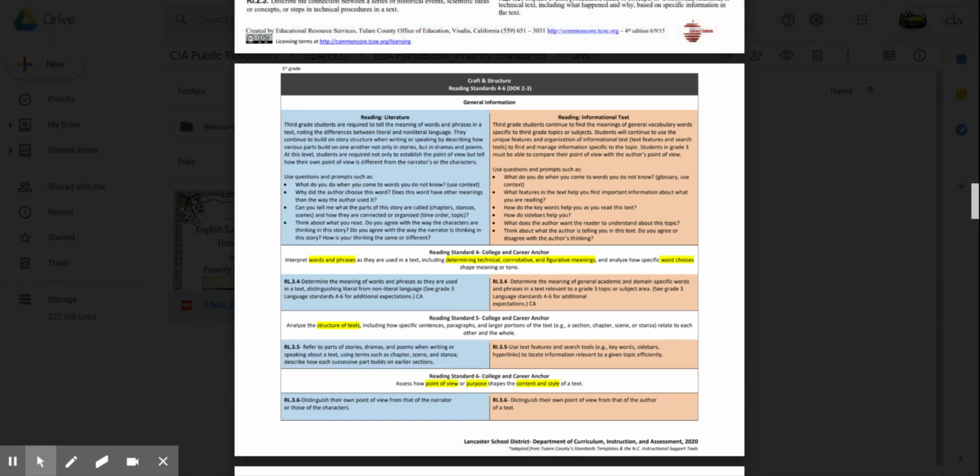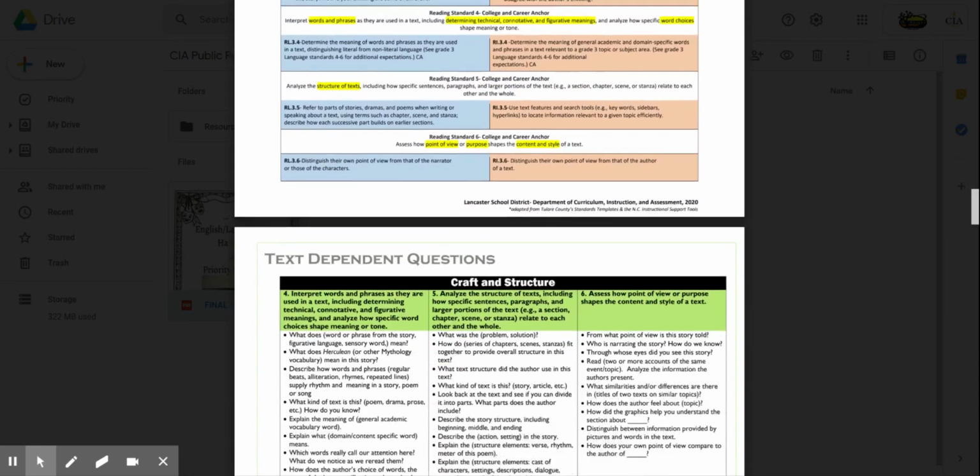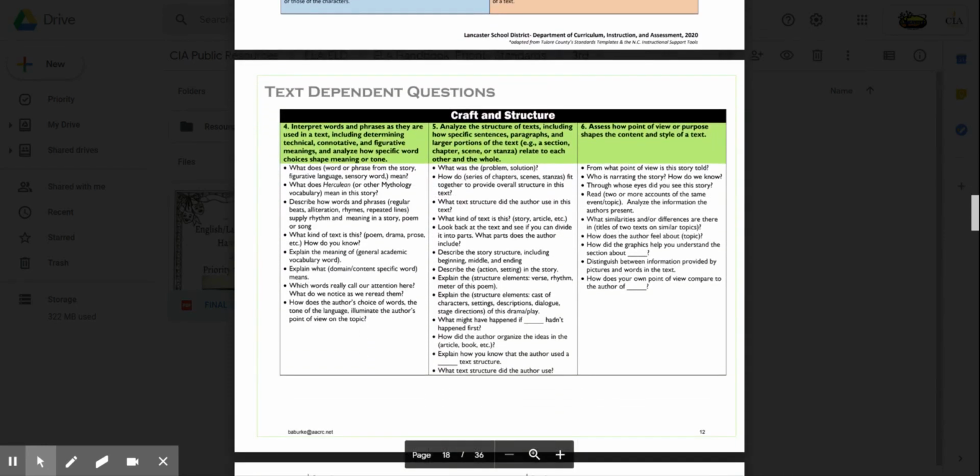So you notice this follows the same pattern that we talked about with key ideas and details. We introduce the cluster with some information about what students should be able to do within these standards and some questions that you might be asking related to these standards. That's followed by the 3 anchor standards that fit into this category. So reading standard 4, reading standard 5, and reading standard 6. Those are further broken down into the reading literature and reading informational text. All right, so this is going to follow the same pattern. We move then into the text-dependent questioning for craft and structure.